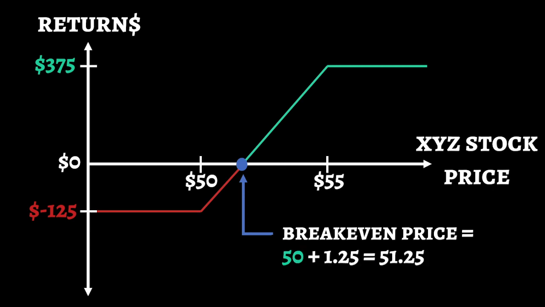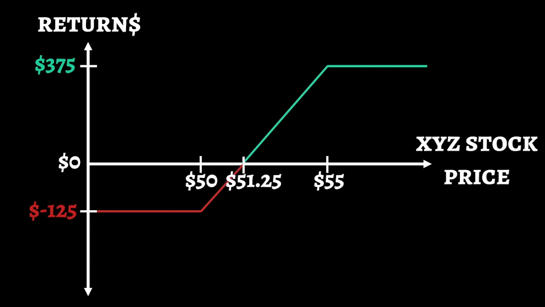In this example, the break-even price would be 51.25. This means the return goes from negative 125 to 0 as XYZ goes from $50 to 51.25. Conversely, as XYZ goes from 51.25 to $55, the return goes from 0 to 375.